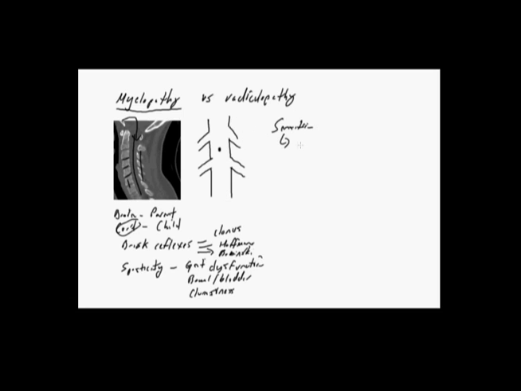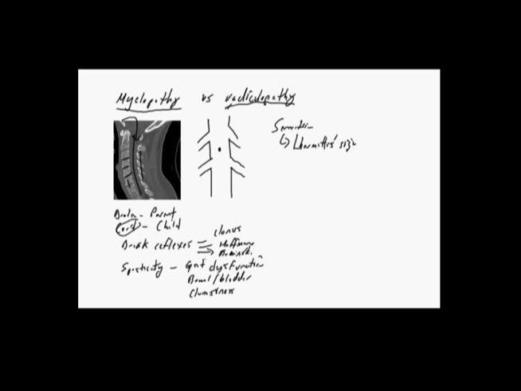And one of the things you can sometimes see is what's known as a Lhermitte's sign, and that occurs when the patient flexes their head forward and they get this kind of electrical shock-like sensation down their spine, sometimes into their extremities, and that's a result of the sensory components of the cord being affected. So how do those symptoms and signs of myelopathy differ from a radiculopathy?